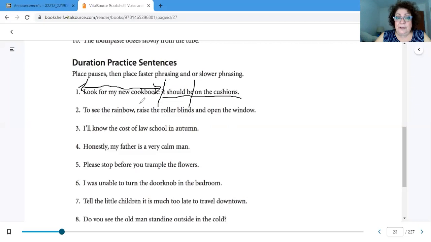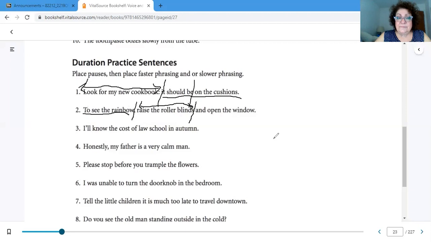So here's a comma. You can use that as a pause. You don't have to, but the mechanics have to be there for grammar. But if you wanted to take a pause there and take a pause there, and if you want this slower and you want this faster, oops.